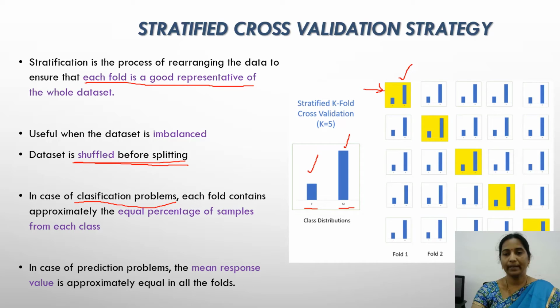Here we have taken binary classes, but the same can be extended to multiple classes also. In the case of prediction problems, that is regression problems, the mean response value of each fold is ensured to be equal. So this is how a stratified cross-validation strategy is helpful to get a good representative of the whole data set in each of the folds.